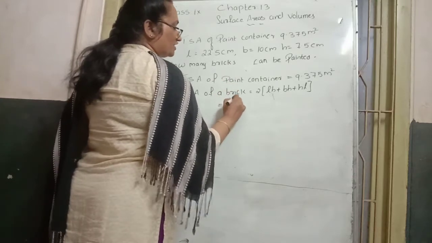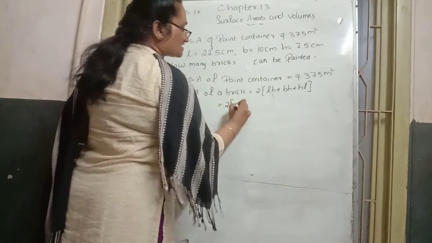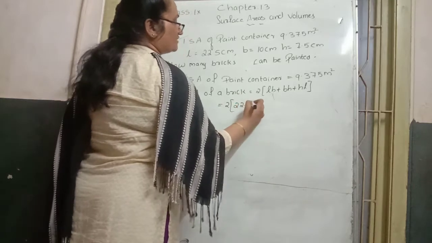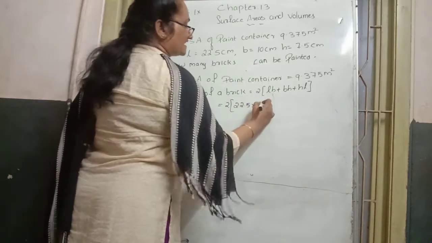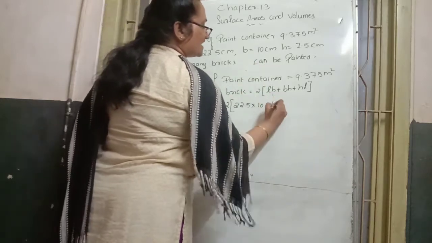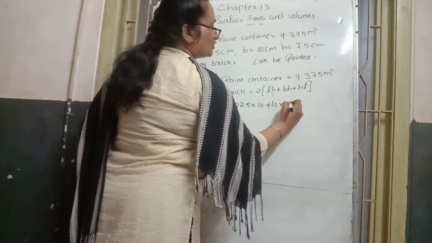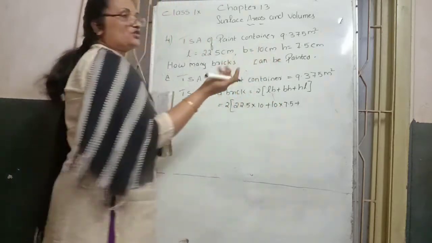That's why 2 into (length 22.5 into breadth 10, plus breadth 10 into height 7.5, plus height 7.5 into length 22.5).